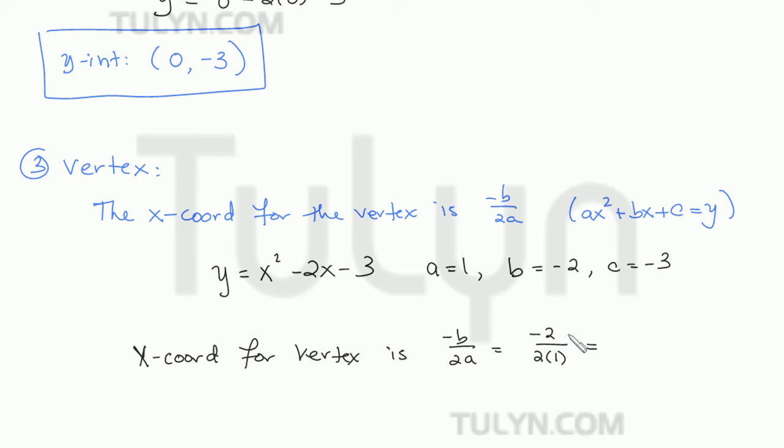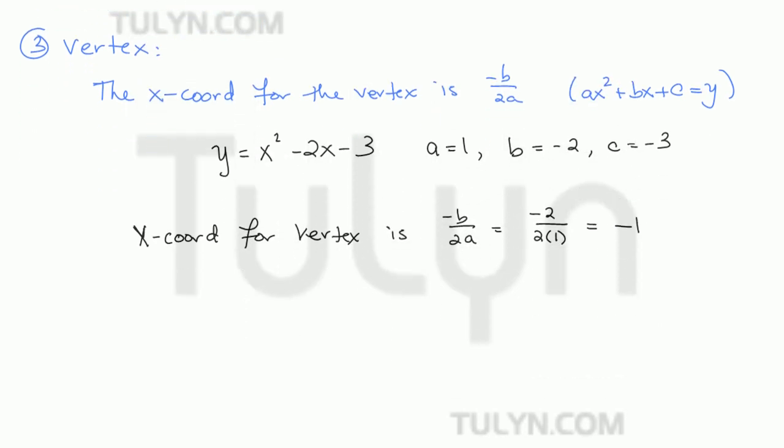So that's 2 over 2, which just gives us 1, right? Right. So now we have the x-coordinate for the vertex.